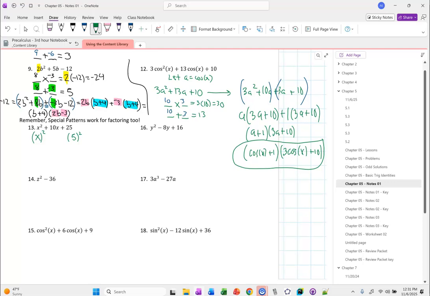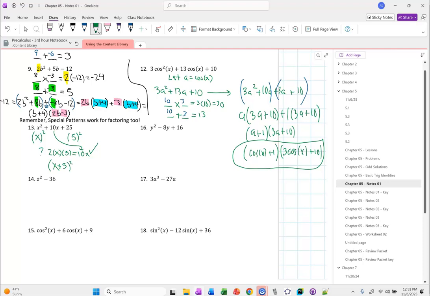So my question to myself is, does 2 times a times b equal that middle value? Definitely does, right? So I have x plus 5 quantity squared.